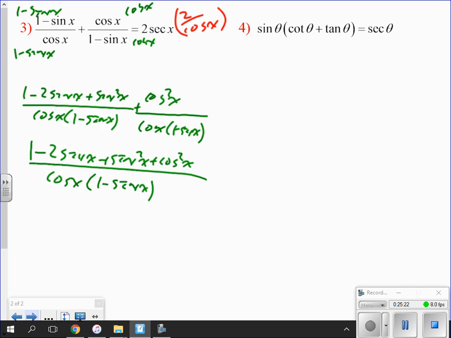So that's just 1. So this becomes 1. Right? Sine squared plus cosine squared is 1. Combine up like terms. 2 minus 2 sine x all over cosine x times 1 minus sine x.